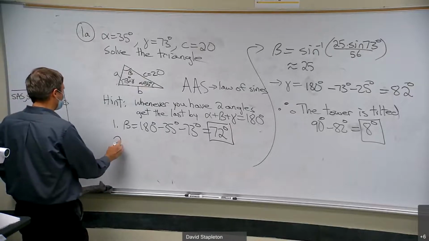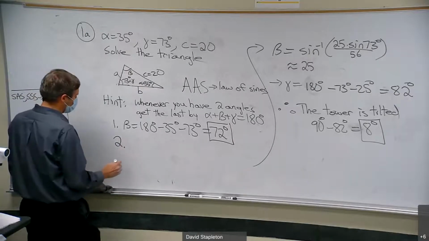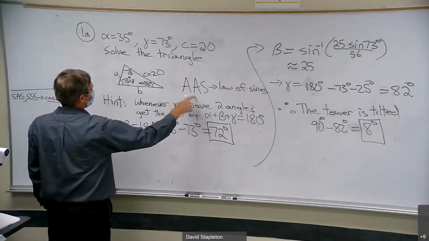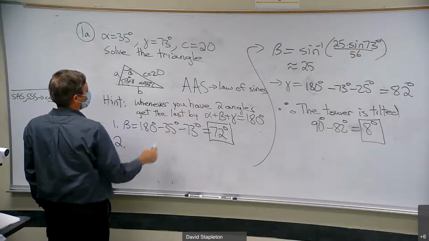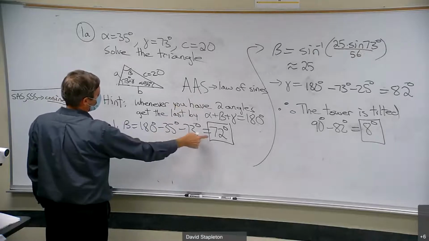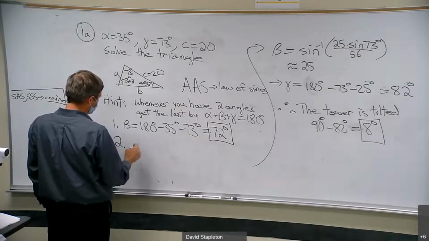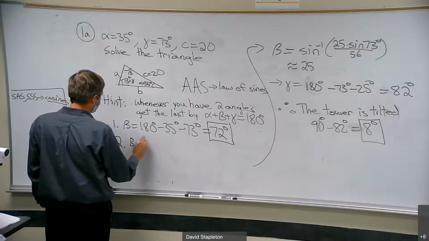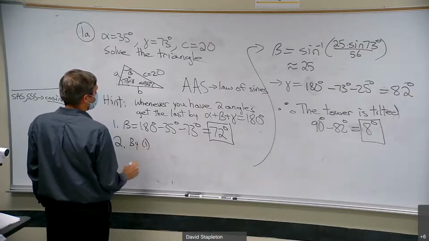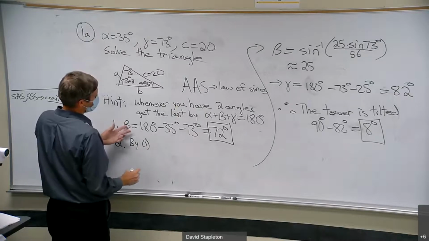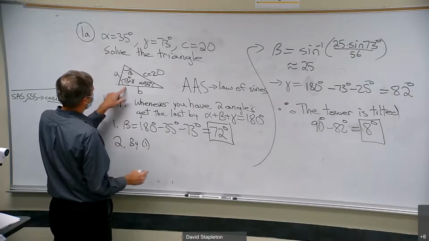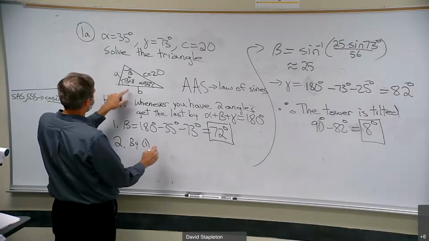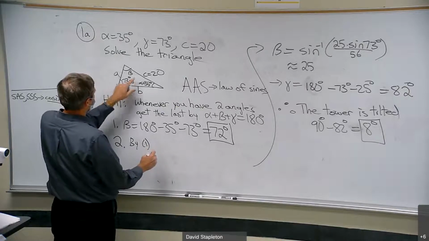However, now I go to the law of sines, right? Because I'm angle, angle, side, or I could now make it as angle, side, angle now that I have this last measure here too. You can use either one. So on this one, I'll say the law of sines by equation 1 there. What I need is to get three numbers I know and one I don't, just like we did on the leaning tower. So I'll say, well, here is an angle and an opposite side.